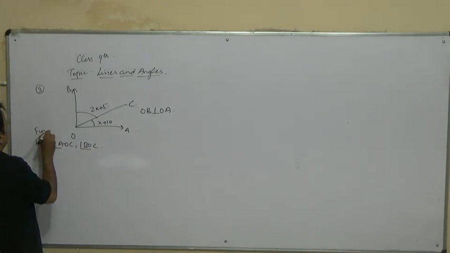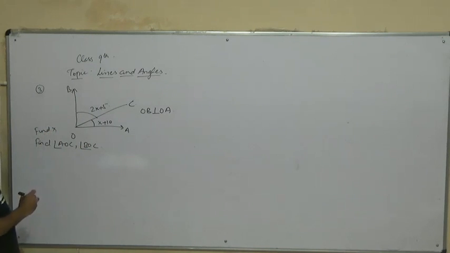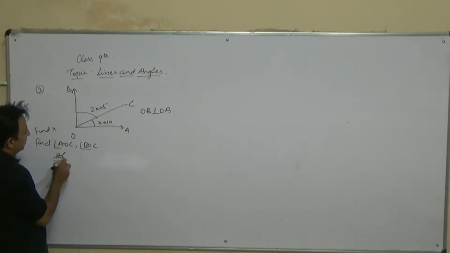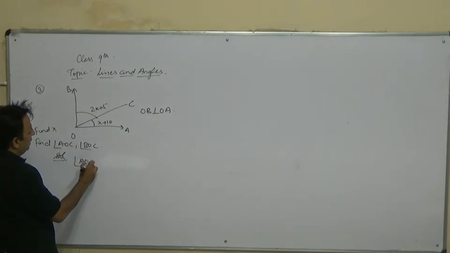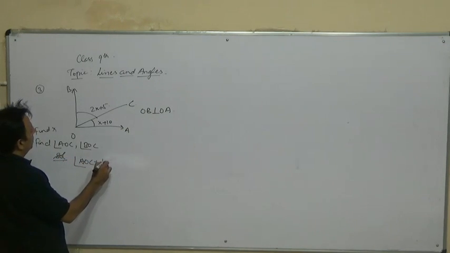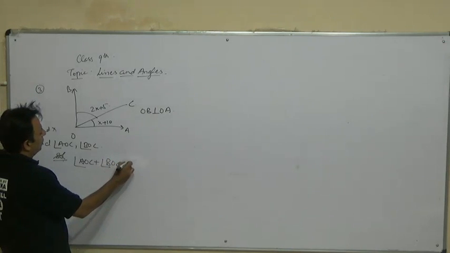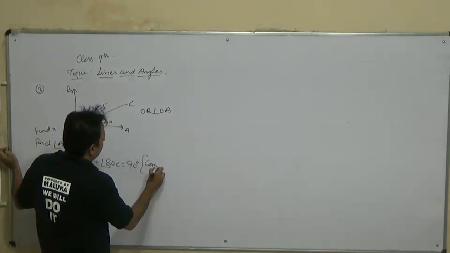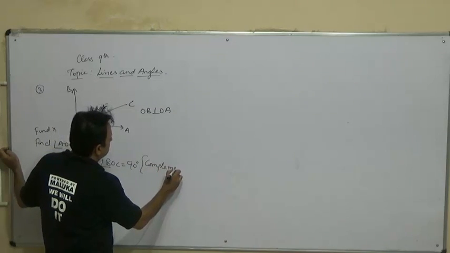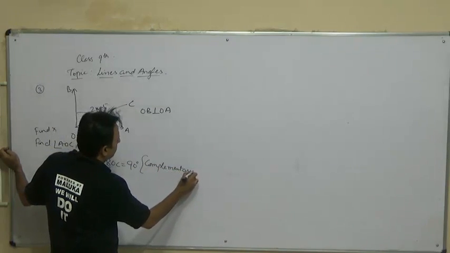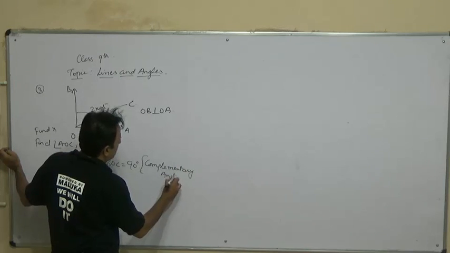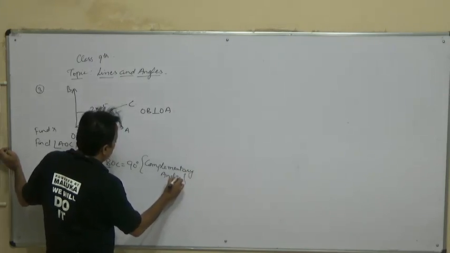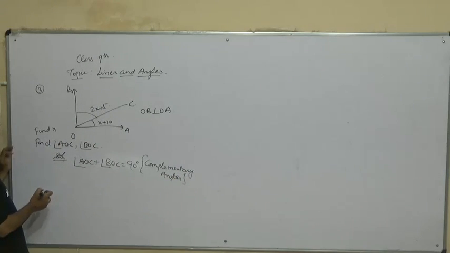First find x. Solution: angle AOC plus angle BOC is equal to 90 degrees, since they are complementary angles. What is the value of AOC?